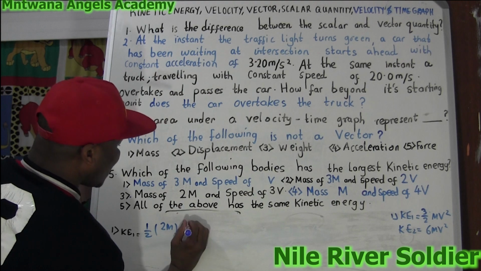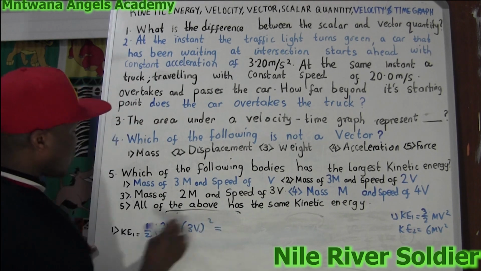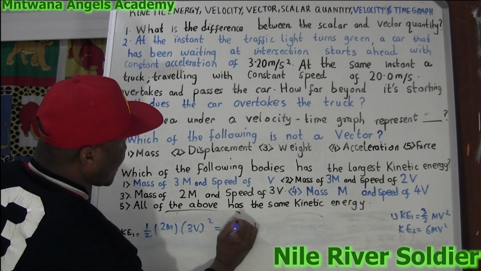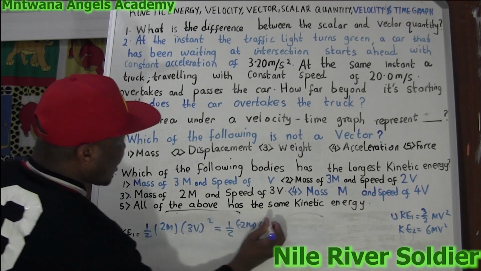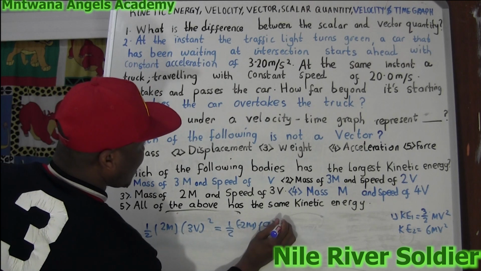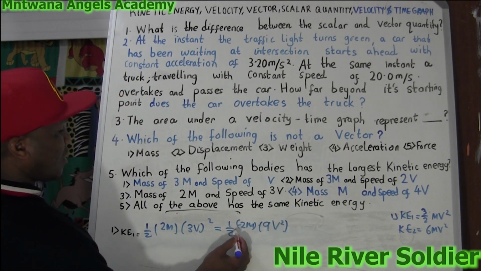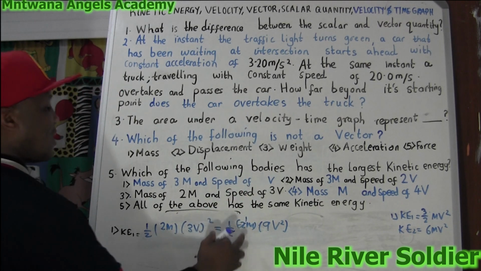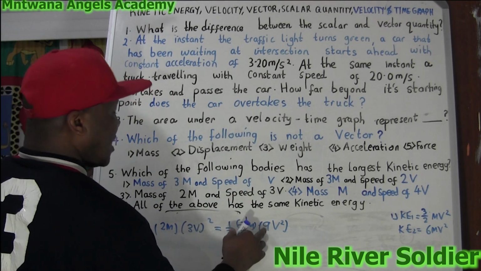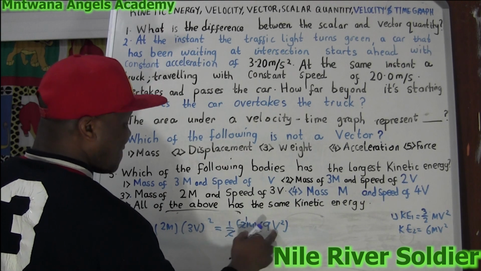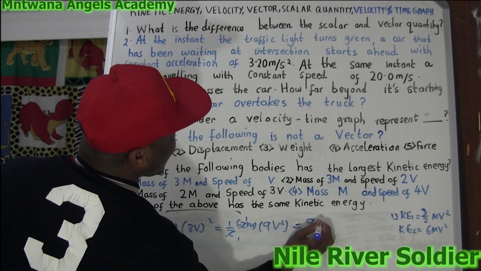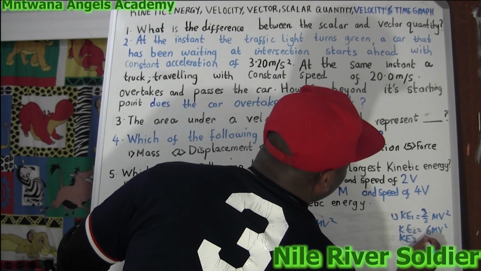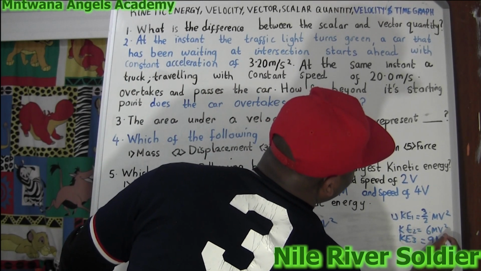So instead of v, I'm going to say 3v squared. This gives us a half, 2m, and then 3 squared equals 9, v squared. Half times 2 is 1, so 1 times m is m, times 9 is 9mv squared. So kinetic energy 3 equals 9mv squared.